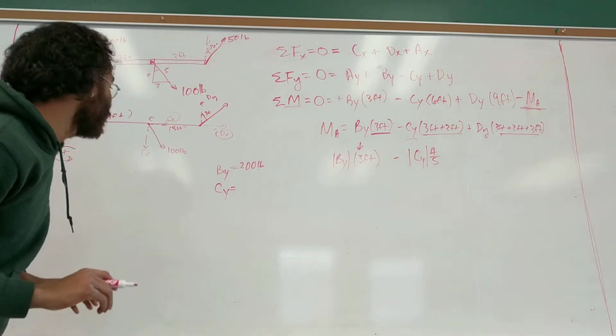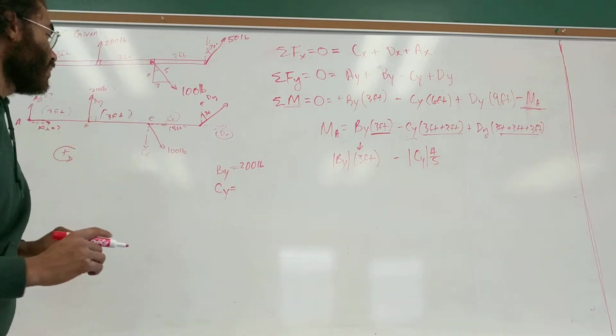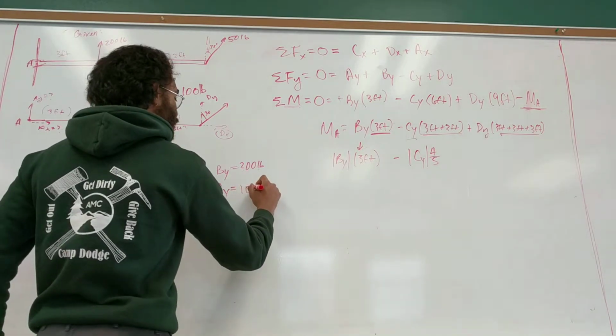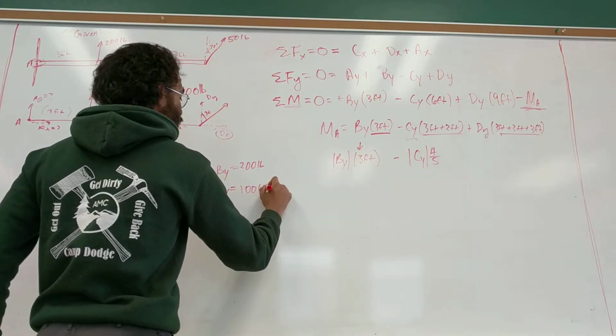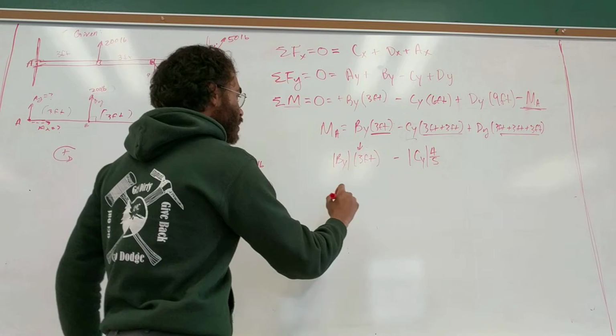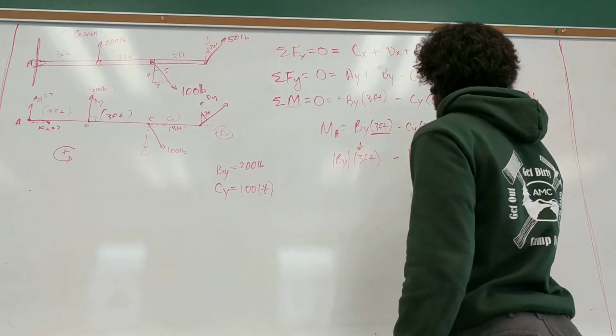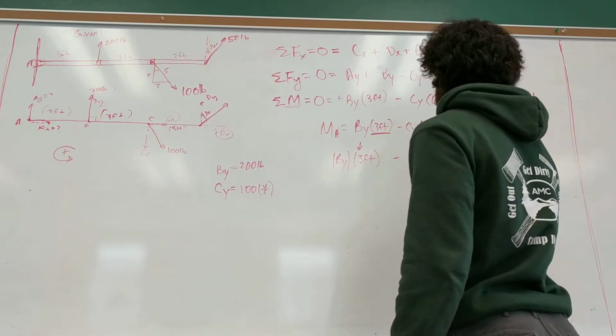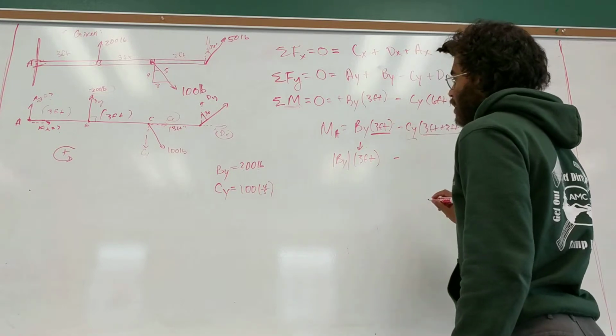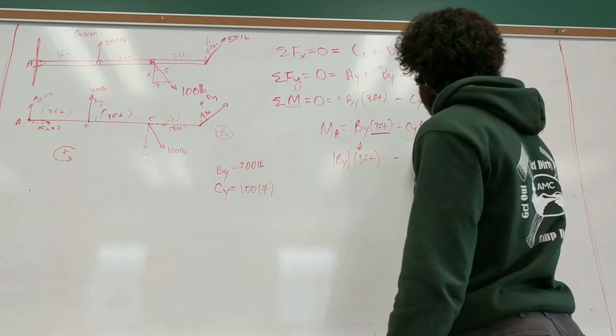I just looked at that wrong, my bad. It's 200. Cool. And then CY is going to be 100 times 4 over 5, right? So I won't have to put that in there. I'll just leave it like this. And then, yeah, so I get just CY.